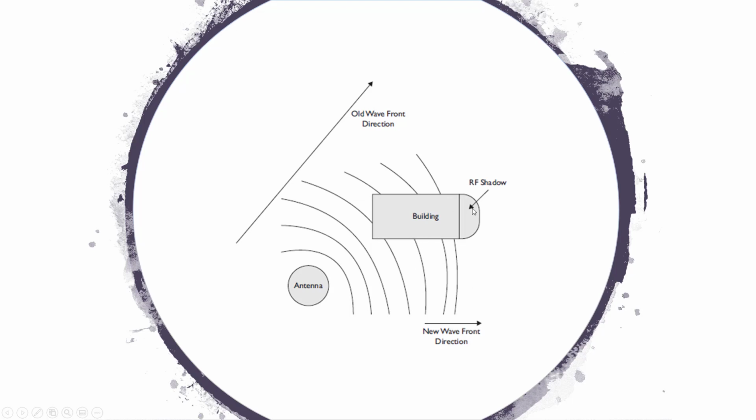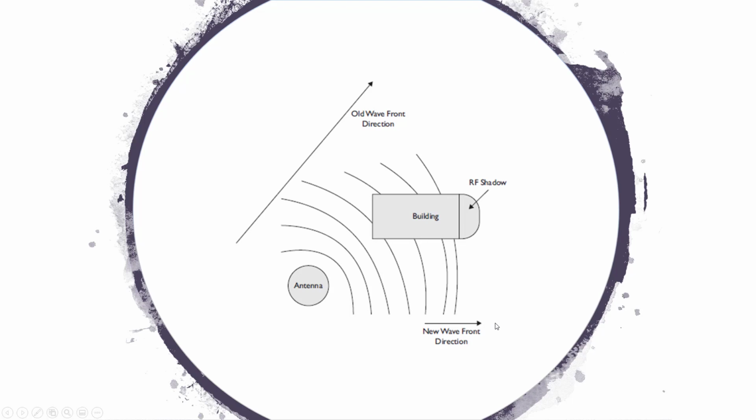So it creates what is called, if you look at this sort of building, this area is the RF shadow. Shadow in the sense that you don't get any signal in this area. The old wavefront is going in this direction, whereas the new wavefront is going in this direction.